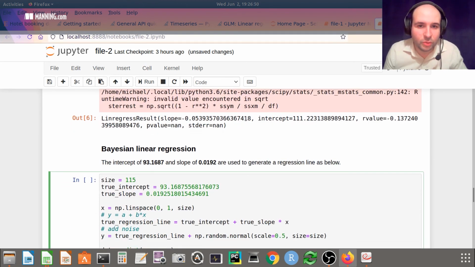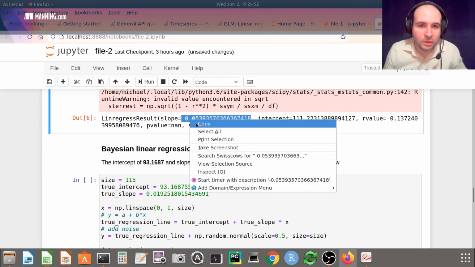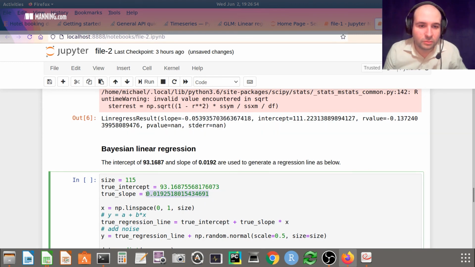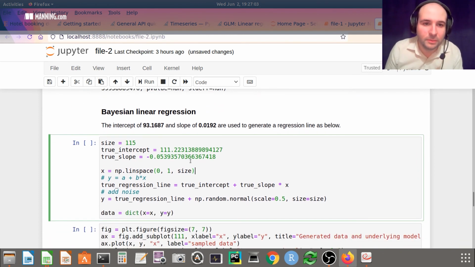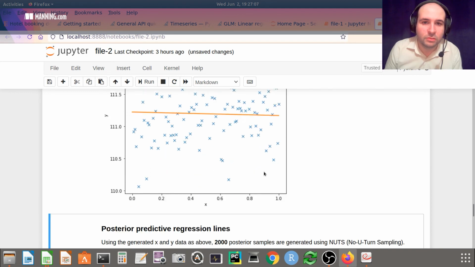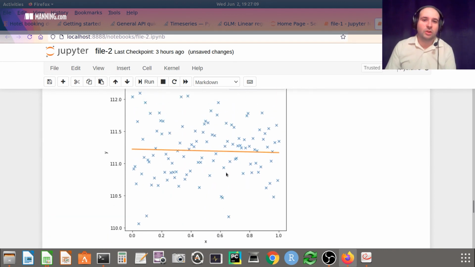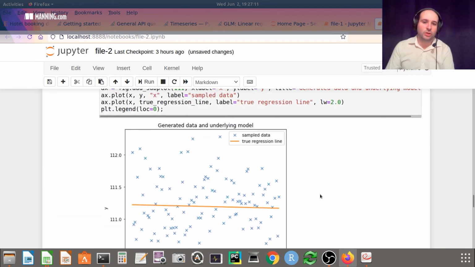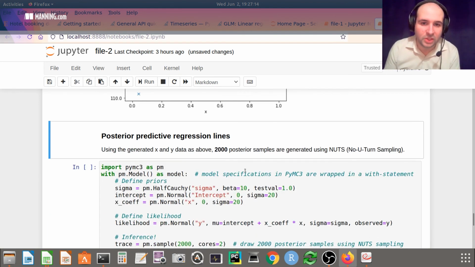So the new slope is minus 0.05, intercept 111. Again, we're using a size of 115. And again, we see a similar true regression line, virtually no relationship, even if slightly negative.